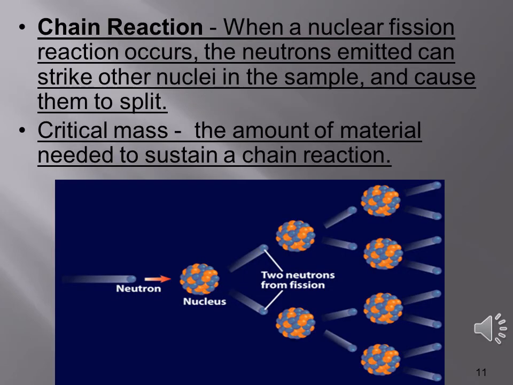Nuclear fission can undergo a chain reaction. When a fission reaction takes place and other fast moving neutrons bombard other unstable nuclides that have resulted, then a chain reaction can take place. Critical mass, or the amount of material that is needed to sustain a chain reaction, must be there for a chain reaction to take place.